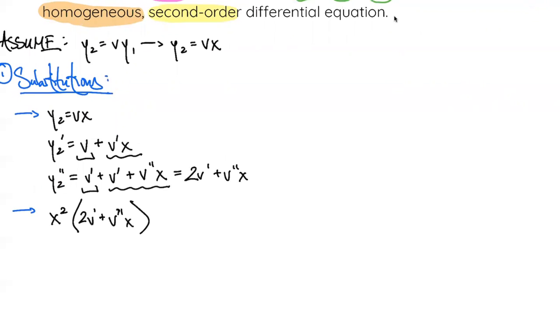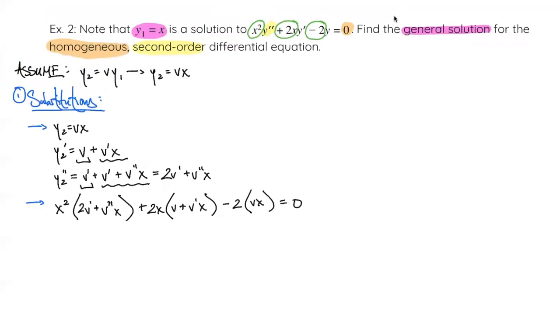And then we have plus 2x times y prime, so v plus v prime x. And then minus 2y or minus 2vx. All right, so let's just make sure we've done that substitution correctly. Looks like everything is good.